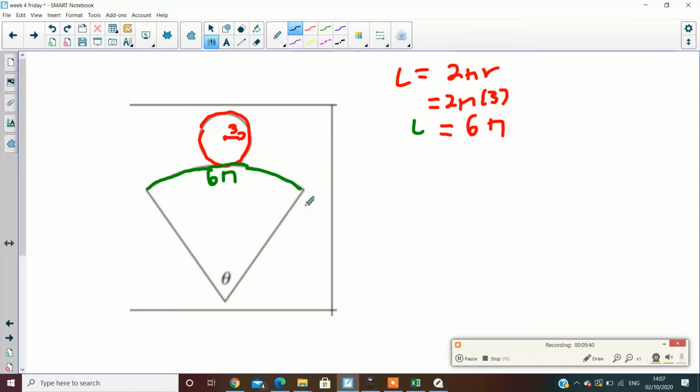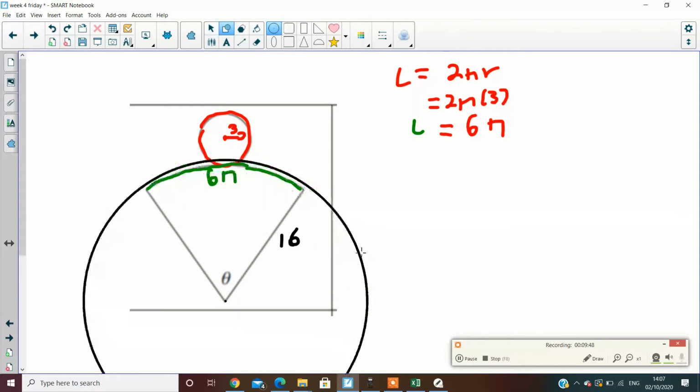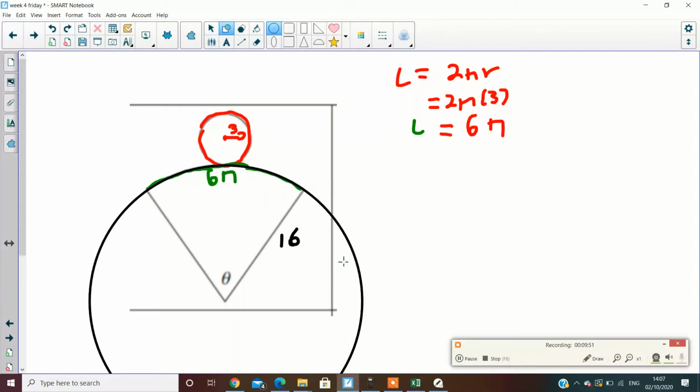What's the slant edge? 16, no bother. If this was a bigger circle, the green part is a lot smaller than the full circle. Would you agree with that? What would the size of the full circle be? 2π times 16.